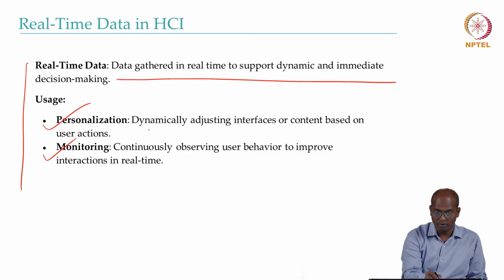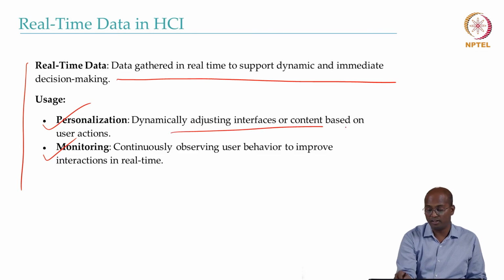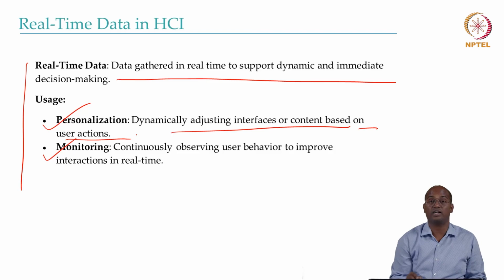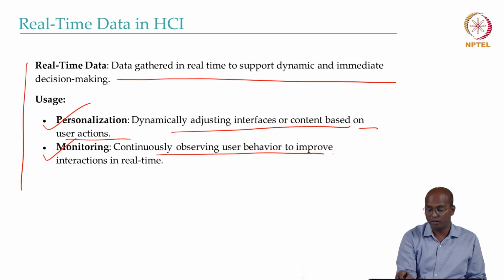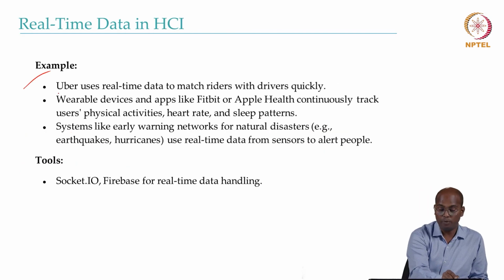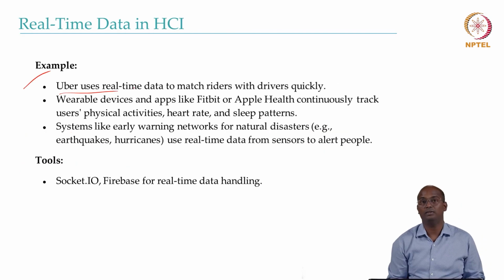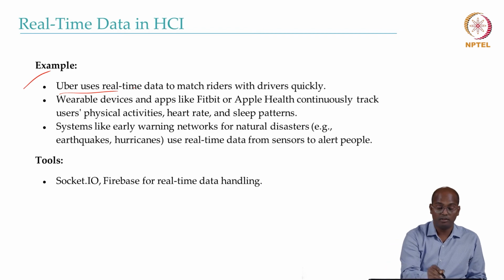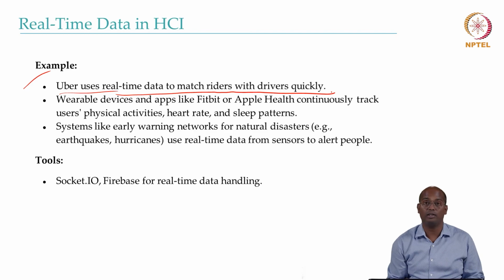For example, personalization can be achieved by adjusting the interface or content based on user sessions, and monitoring means continuously observing user behavior to improve interaction in real time. For example, Uber, Ola, and many other cab services use real-time data to match riders and drivers quickly.